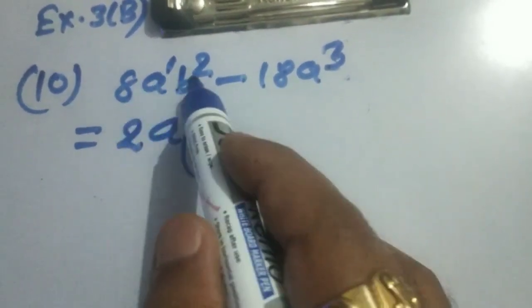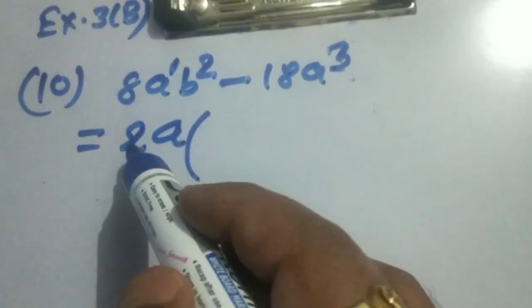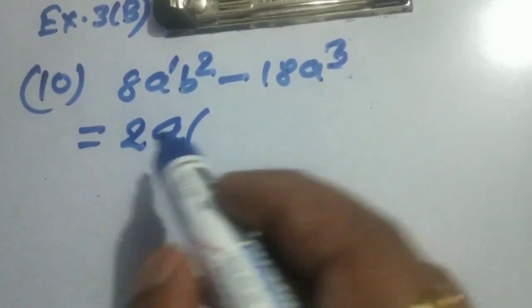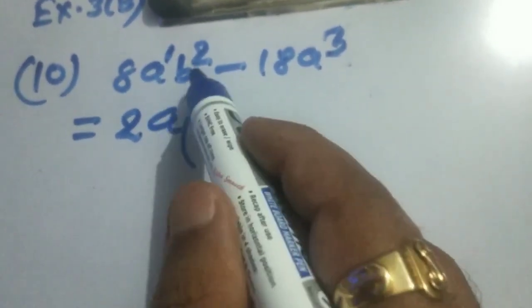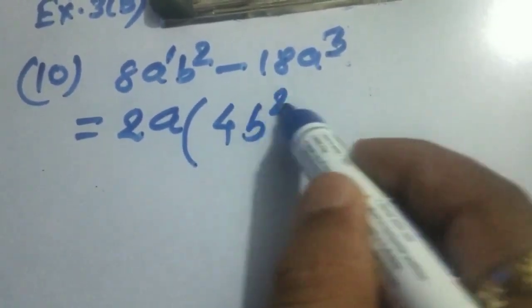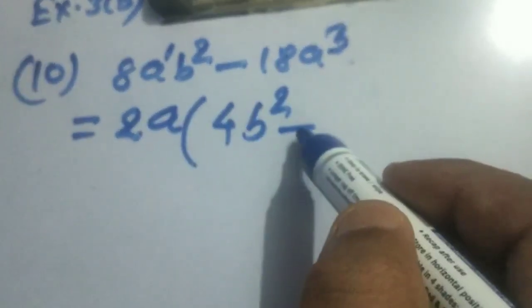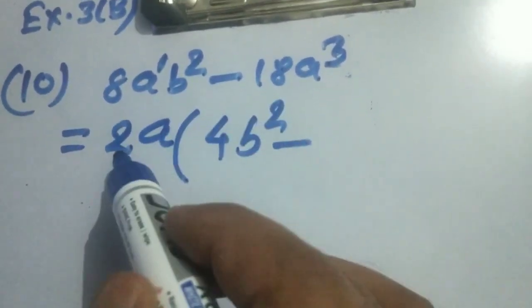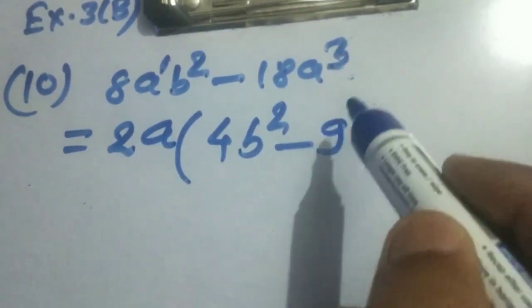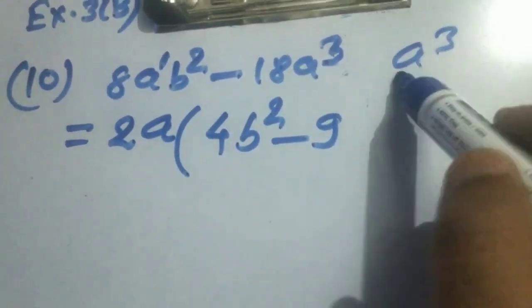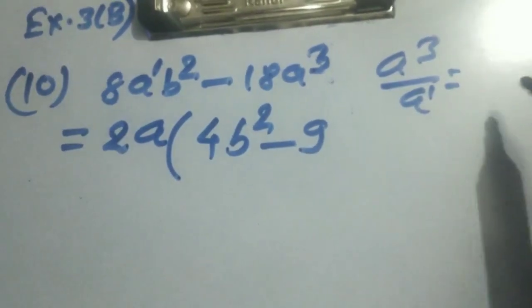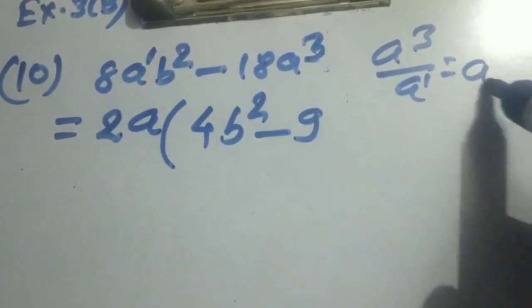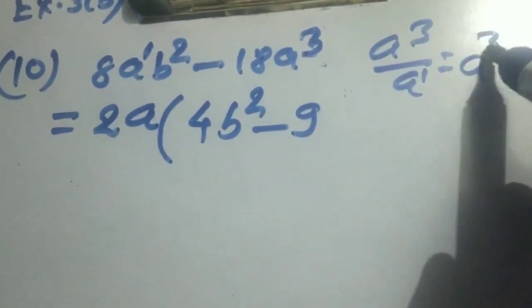If we divide this term by 2a, then 8 divided by 2 will be equal to 4, and a will be cancelled with this a, and b square will be left here, and minus sign is there, so put minus sign. And now 18 divided by 2 will be 9, and when a cube is divided by a, then the power is subtracted in division.